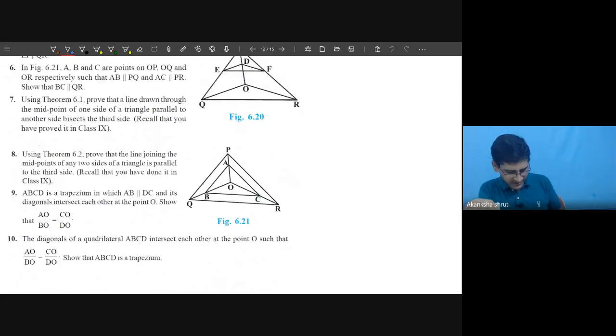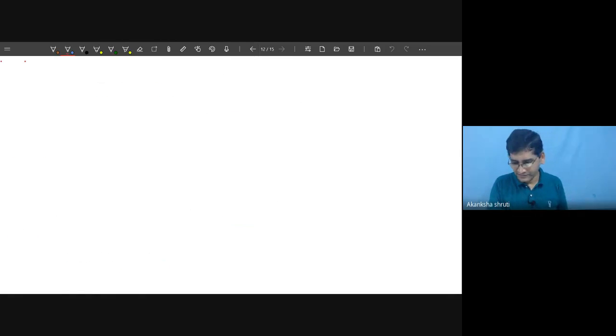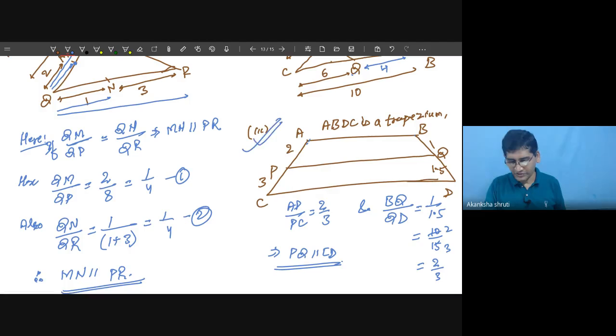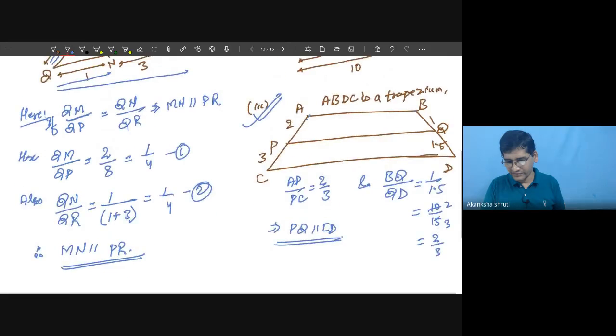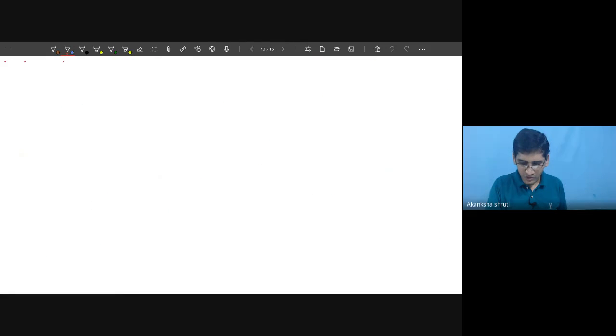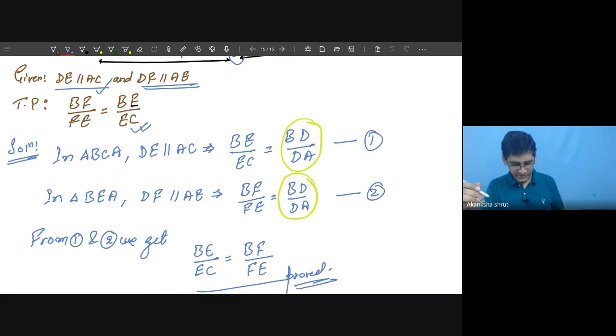Regarding this trapezium, you will try. If required, next day I will explain question number 10 also. Question number 10 is very important. It is asked very frequently. The concept I was explaining is the same concept as in question number 3. So this way please do all the questions of exercise.